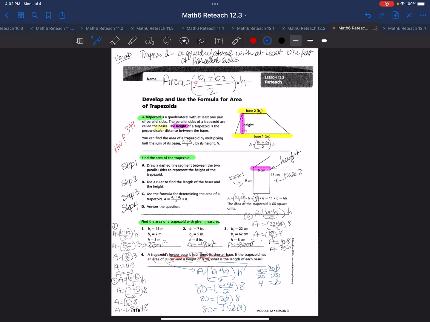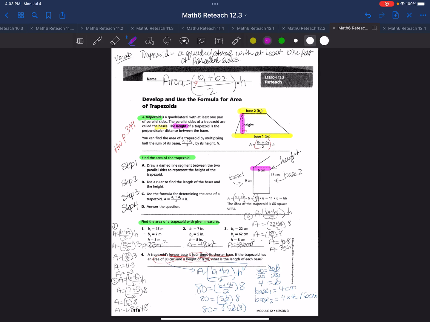So I know base 1 is 4 centimeters, and then it says base 2 is 4 times base 1, so 4 times 4 would be 16 centimeters. So then let's go back and look at the problem real close.